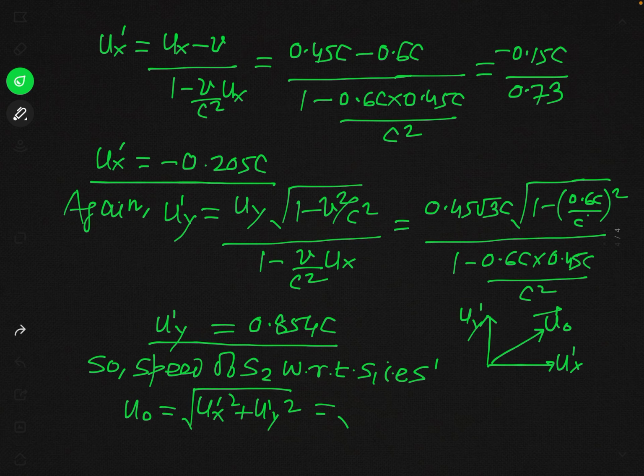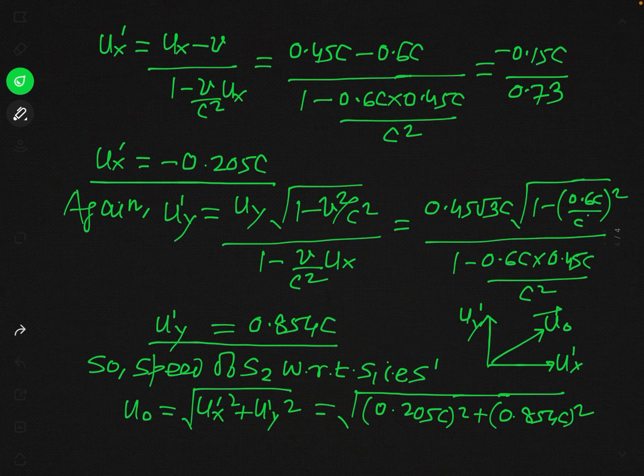So this will be the square root of (0.205c) whole square plus (0.854c) square.